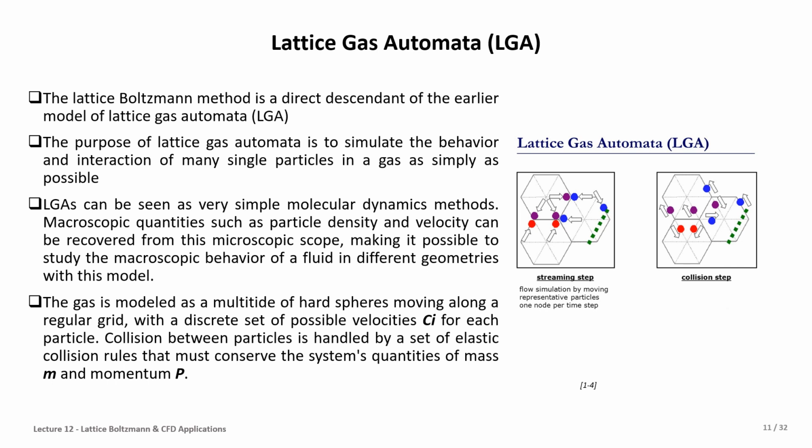This model comprises a lattice where the sites on the lattice can take a certain number of different states. In lattice gas, the various states are particles with certain velocities. Evolution of the simulation is done in discrete time steps.